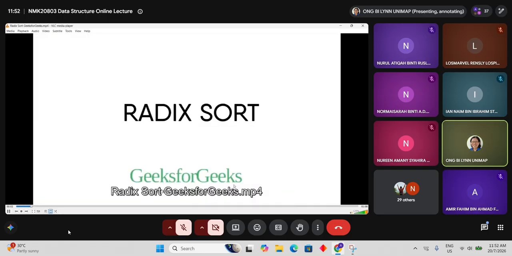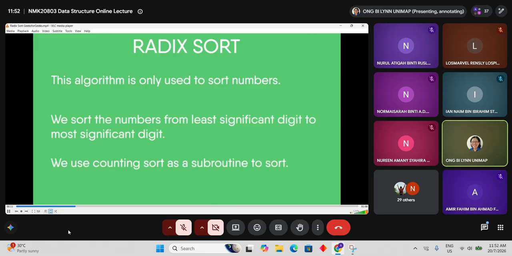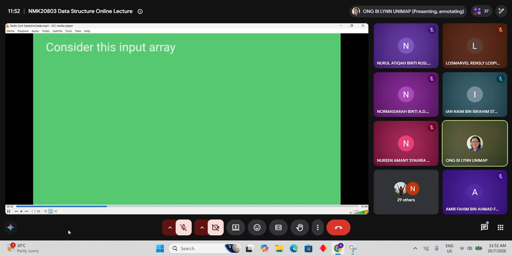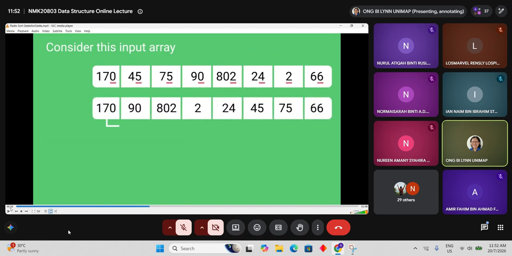Okay, radix. The same thing, if this question is given, make sure that all the numbers you have are three digits. For example, if 45, make it 045. Okay? If 75, make it 075 so that you don't make mistakes in the examinations later. Alright?